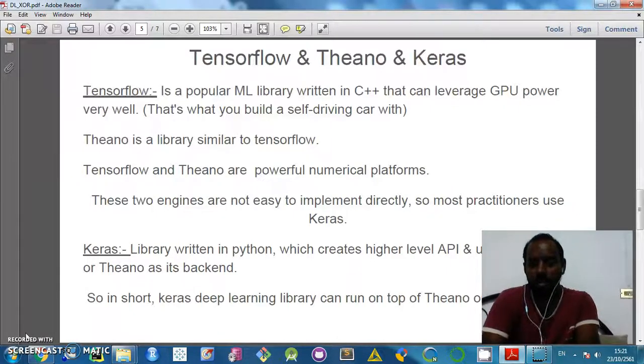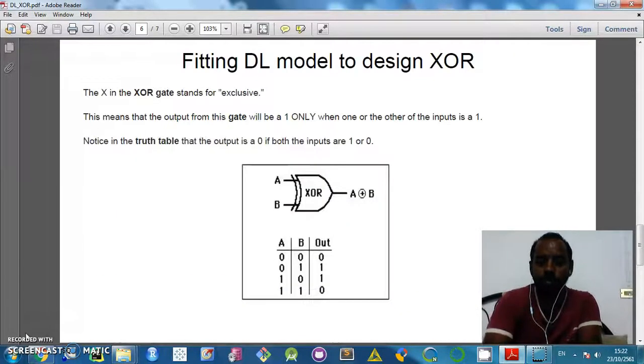TensorFlow and Theano are numerical platforms, and Keras is a higher level API written in Python for which the backend can be TensorFlow or Theano. So in short, the Keras deep learning library can run on top of Theano or TensorFlow.